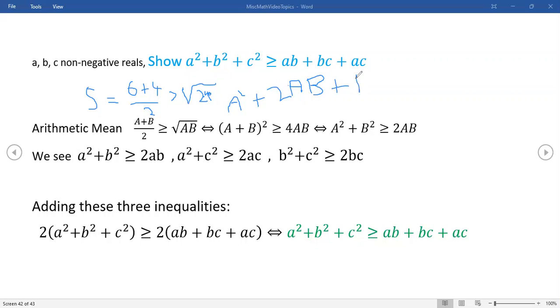So you can see why this part over here, the right-hand side, has to be true. That 2ab would subtract off from this 2ab, and this is kind of the working result that we'll be using. Okay. We do know that a squared plus b squared is greater than or equal to 2ab.